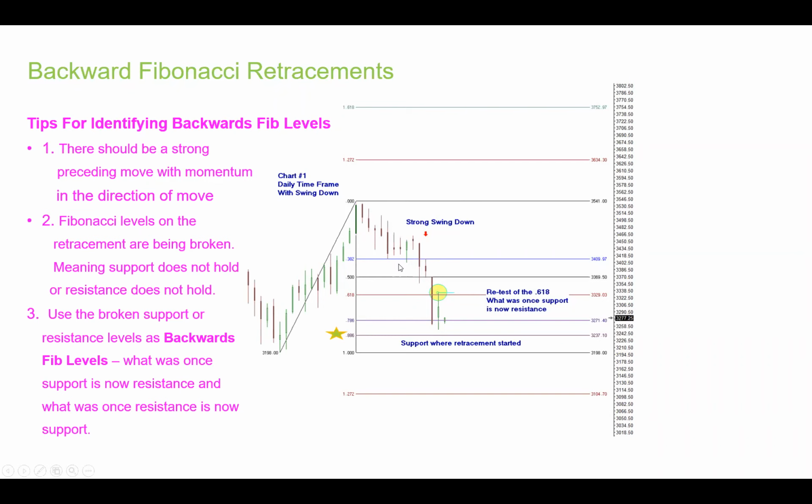We can see some long bars starting to form here, and the Fibonacci levels on the retracement are being broken. You can see it broken on that 0.382. This did not really hold as support. It came down to the support, found support here, but it didn't really go anywhere from there. And then a long bar broke through that support.